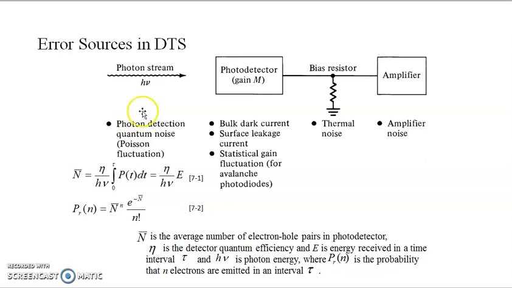There is a fluctuation in the photon energy, and because of that there will be photon detection quantum noise, or you can say Poisson fluctuations occur in this case. At the detector, sometimes there is no light but the detector still produces some current, and that current is called dark current. Sometimes we also have a low current on the surface, called surface leakage current.